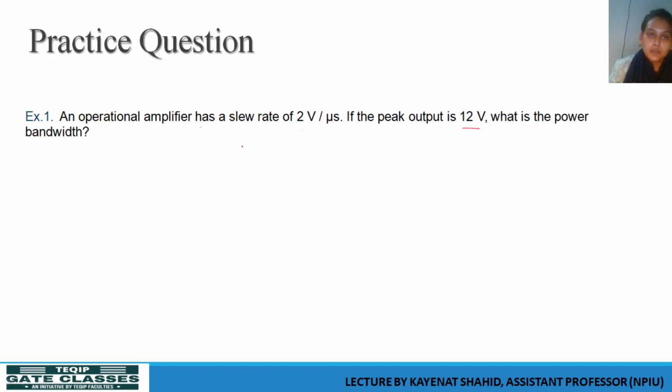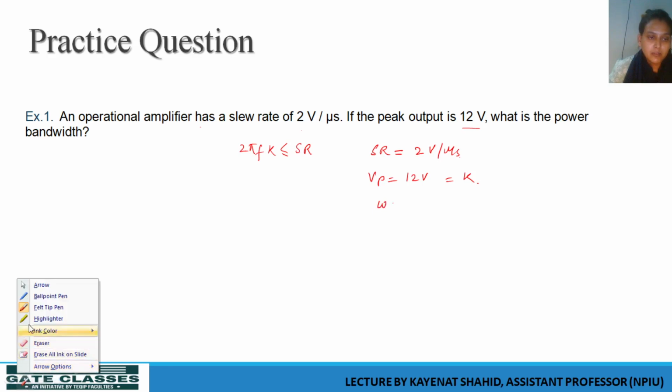We know the relation: 2 pi f k should be less than the slew rate. The slew rate is given here as 2 volt per microsecond, and Vp is given as 12 volt, which is nothing but k that we have denoted here. We are not talking about gradient bandwidth; we will be calculating in frequency only.